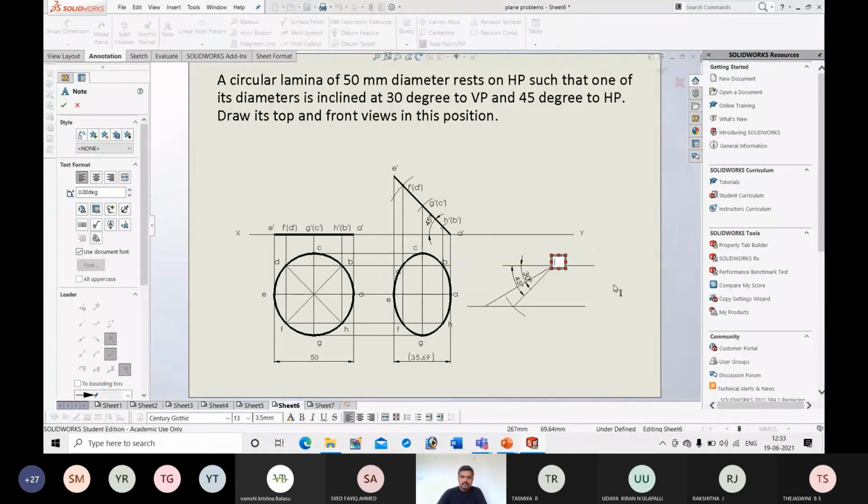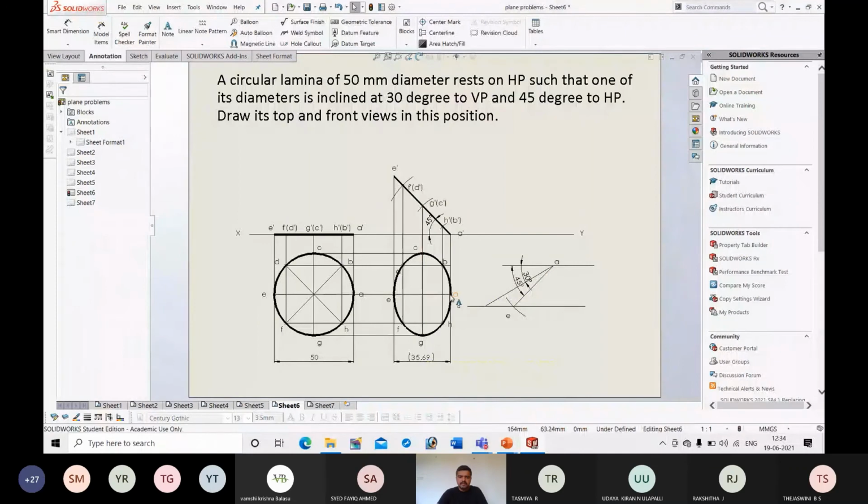So this is point A. This is E. Next, I should get remaining points. So AE is already on this line. I should get B, C, D, and also F, G, H. First I know point A and E. I should get C. I know A and E, I can get G using compass.